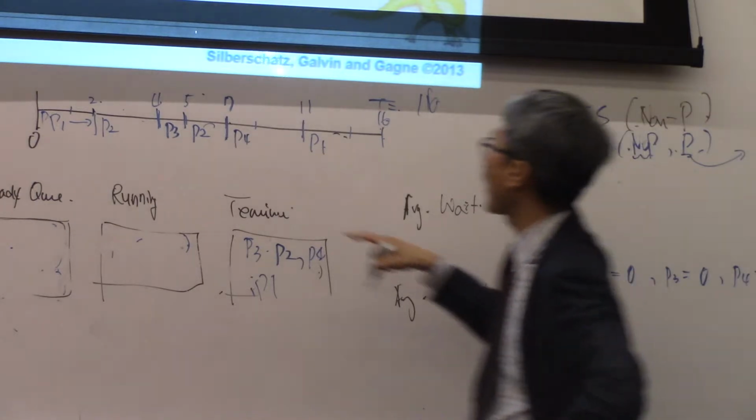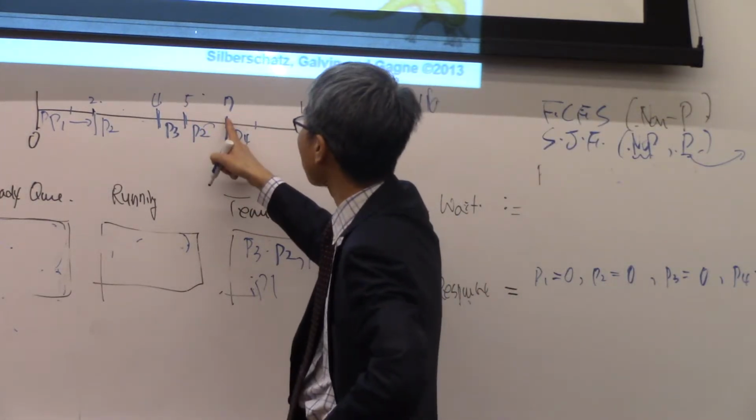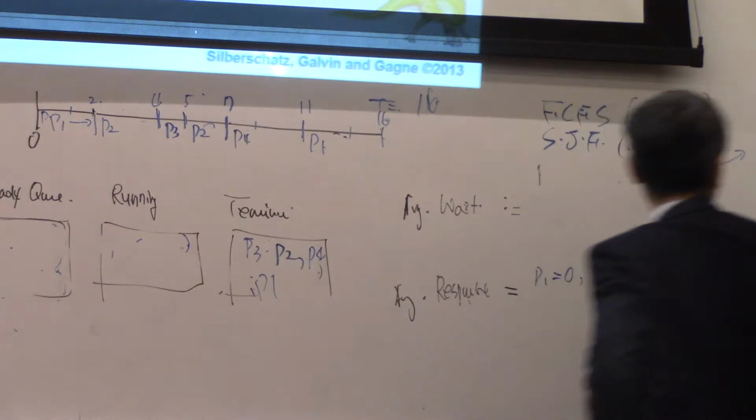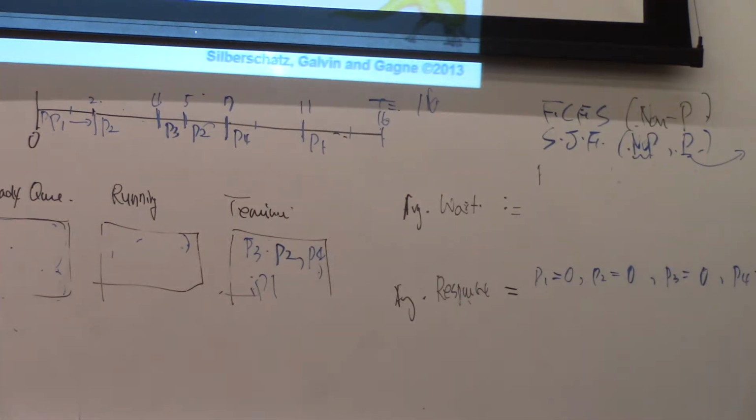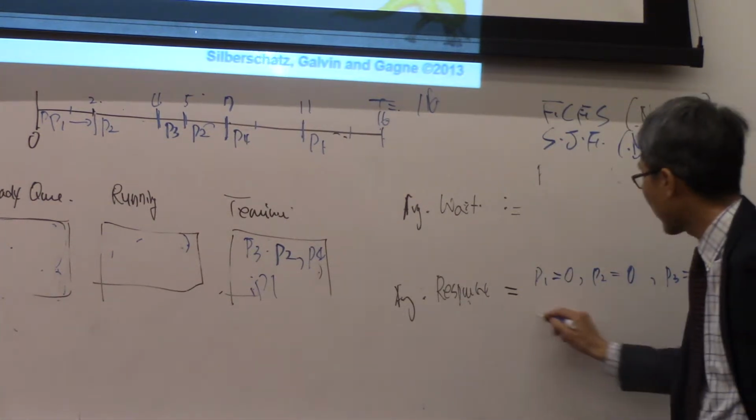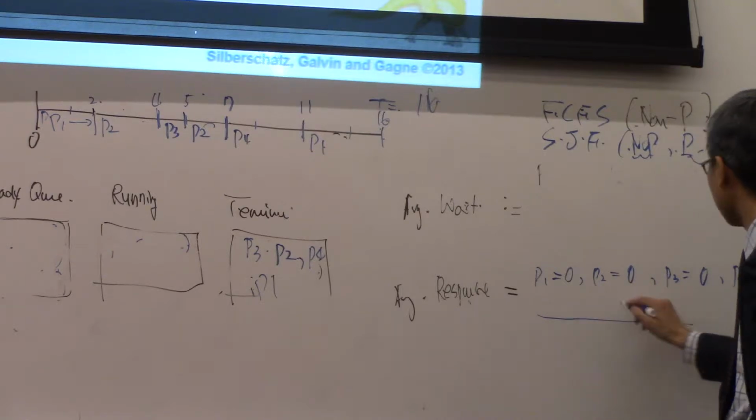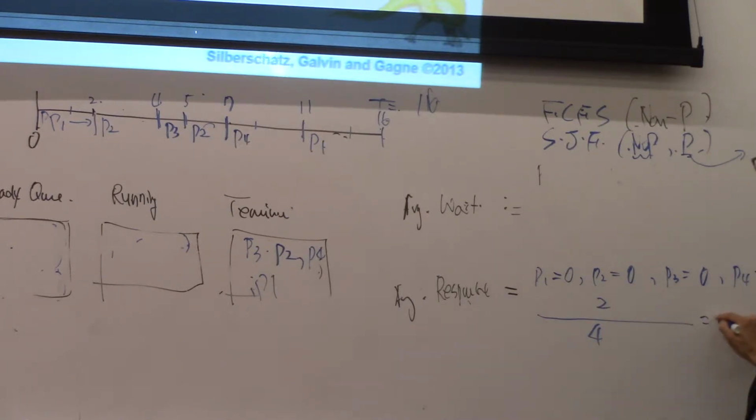P4 arrives at 5 and is selected at 7, so 7 minus 5 is 2. The total average is 0, 0, 0, 2 divided by 4, which is 0.5. Very quick response time.